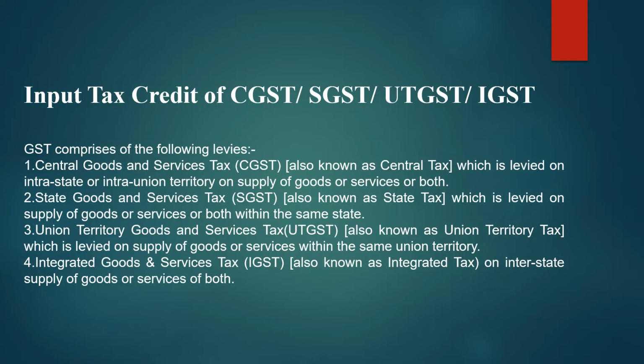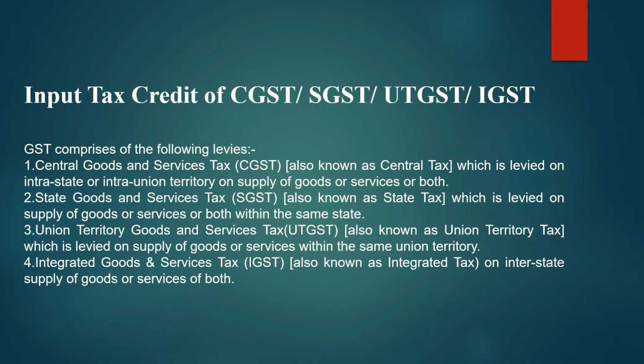Input tax credit of CGST, SGST, UTGST and IGST. GST comprises the following levies: Central Goods and Services Tax, also known as Central Tax, which is levied on intrastate or intra-union territory supply of goods or services or both.